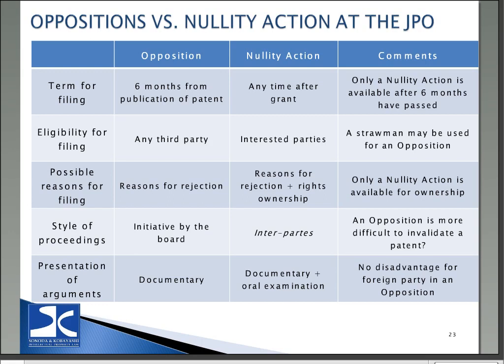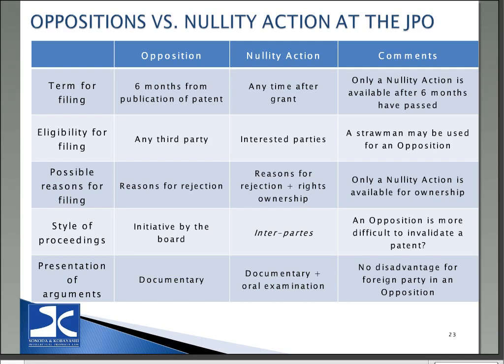So this works in an unfavorable way for non-Japanese entities, I'm afraid. And the second difference is eligibility for filing. The opposition can be filed by any third party, and for filing a nullity action, you need a legal interest.